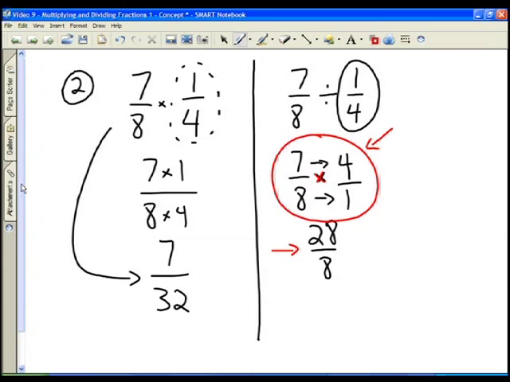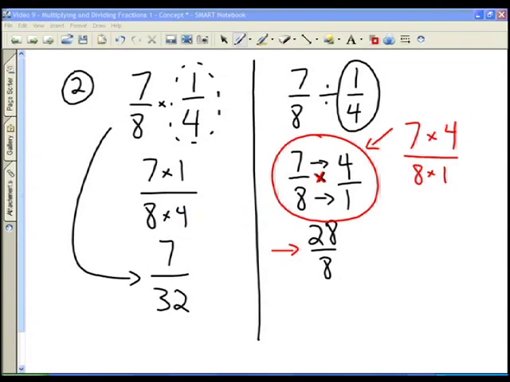Because don't forget, this is exactly the same as 7 times 4 divided by 8 times 1. And if all the signs are multiplication, then we can easily reduce. So at this stage here, we could look at this 4 and this 8.